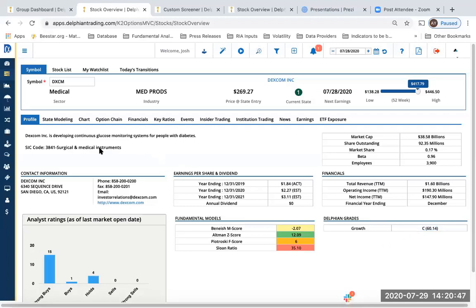So if you go look at the screen which shows the historic grades, we didn't add that. Okay, so it's a grade C stock coming here.